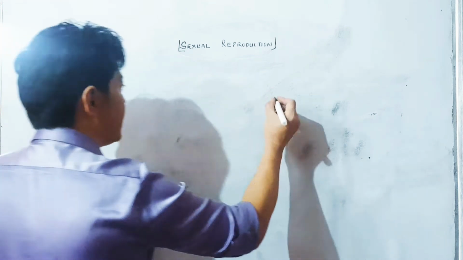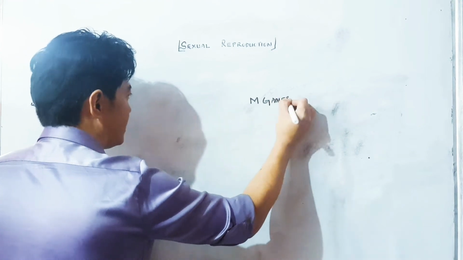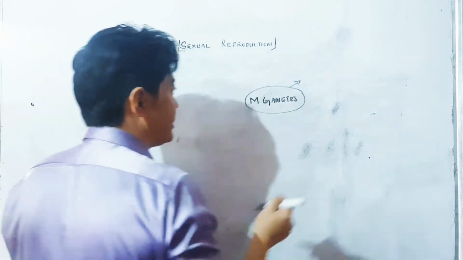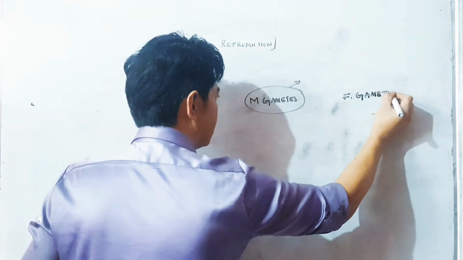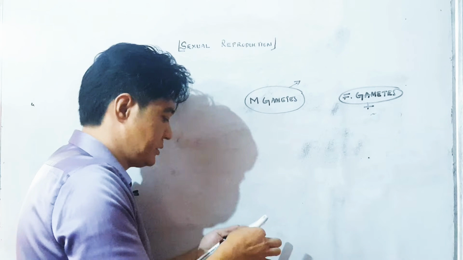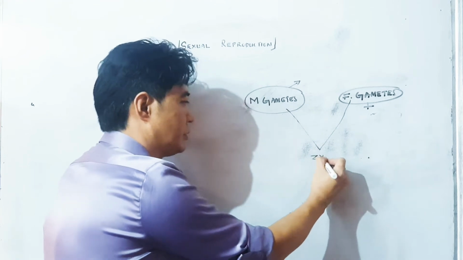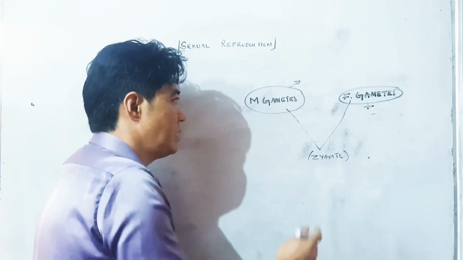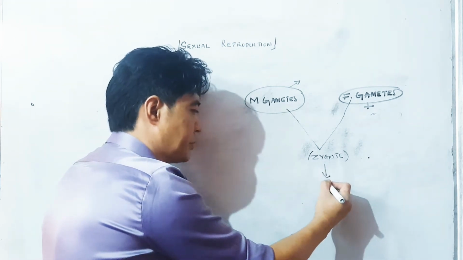Say for example, this is the male gamete and this is the female gamete. The male gamete and female gamete fuse together to form a zygote, or you can say after fertilization they form a zygote, which ultimately leads to new offsprings.